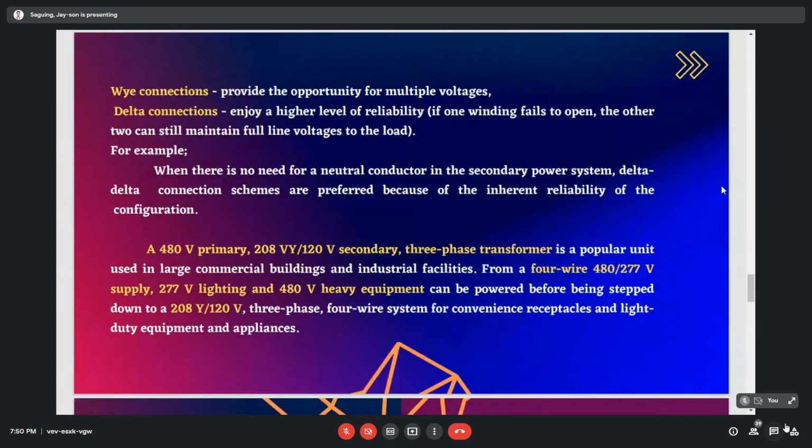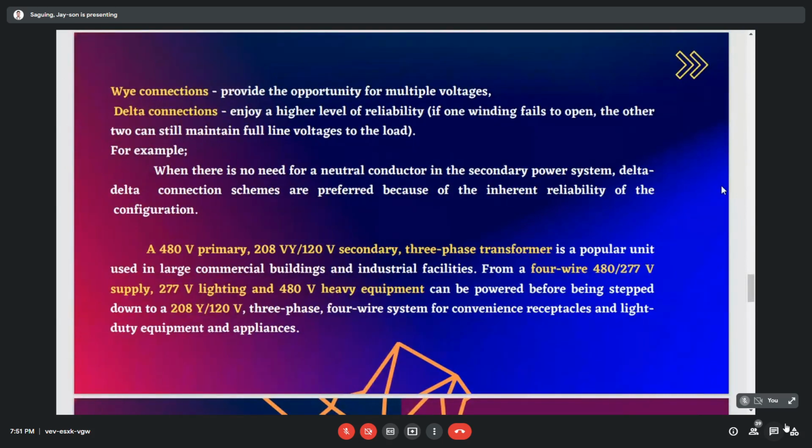If one winding fails open, the other 2 can still maintain full line voltages to the load. For example, when there is no need for a neutral conductor in the secondary power system, delta to delta connection schemes are preferred because of the inherent reliability of the delta configuration.